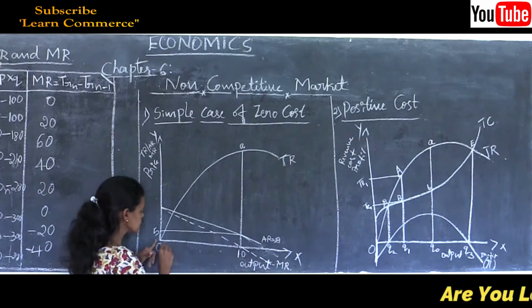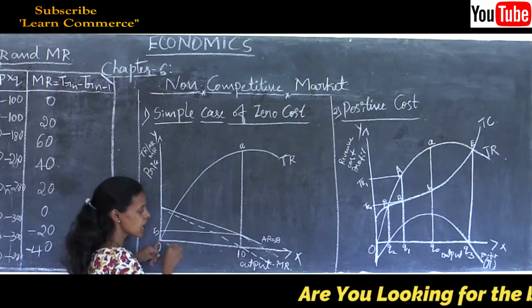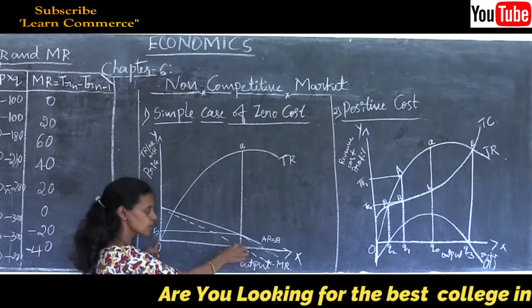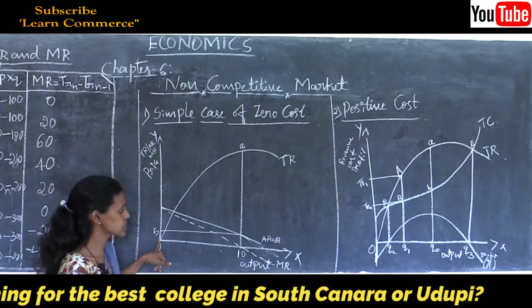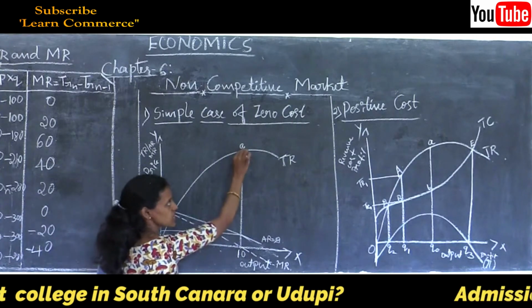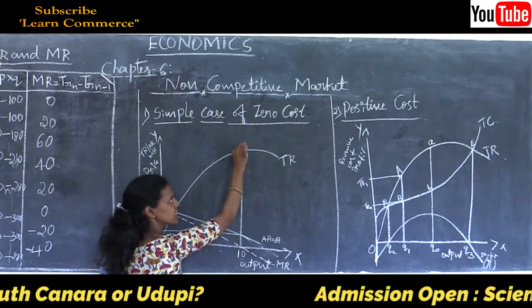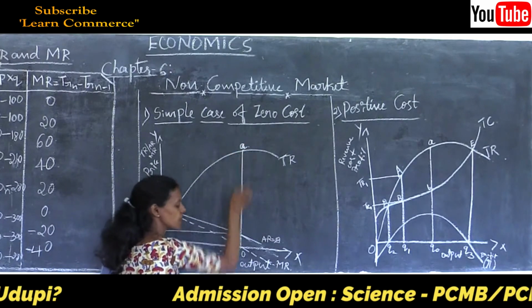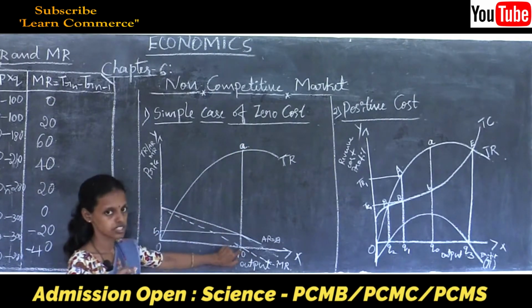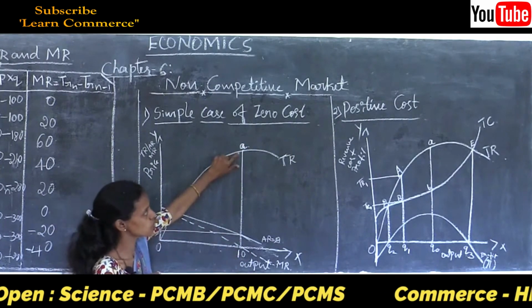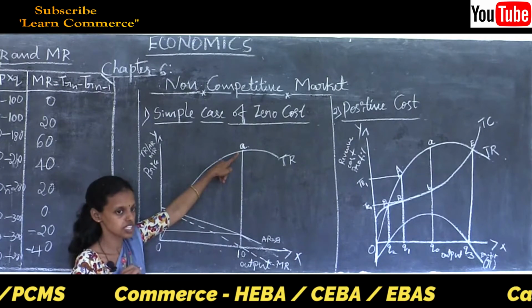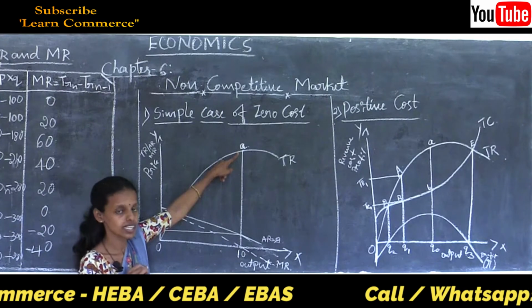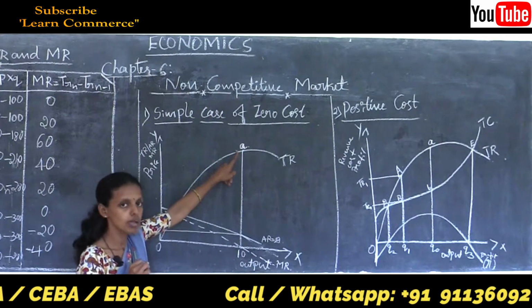Thus here you can see the output produced is, for example, 10 units. Here you can see the maximum saturation point, A. Here the firm is going to maximize its profit at the point A. It is called the saturation point, as we studied under the second chapter, theory of consumer behavior.